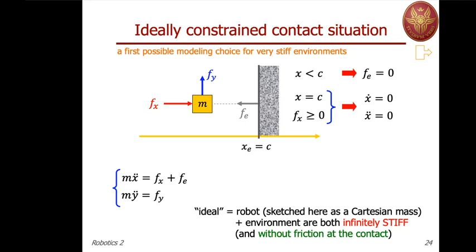Immediately after, there will be a full return of energy, so the mass will have a negative velocity, let's call it x dot plus, in the instant immediately after the impact, which is equal and opposite to the previous one. So we will hit and bounce back without losing energy. Instead, if in the impact there is some absorbed energy, the same will happen.